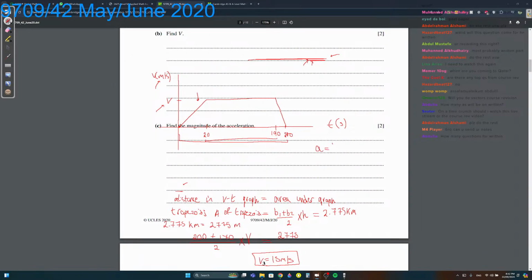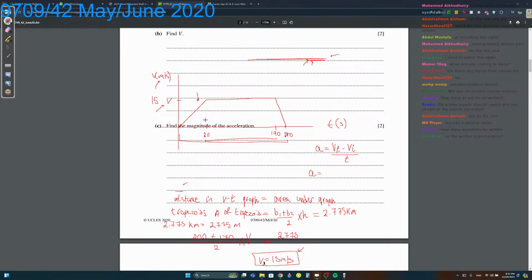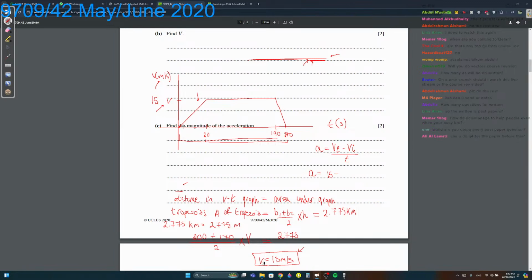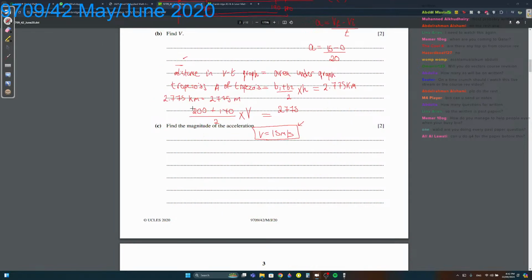We know that acceleration equals velocity final minus velocity initial divided by the time. In the acceleration phase, our final velocity we found was 15. We said V equals 15. So we went from final velocity 15, we started at 0 at rest, divided by how much is the time? 20.